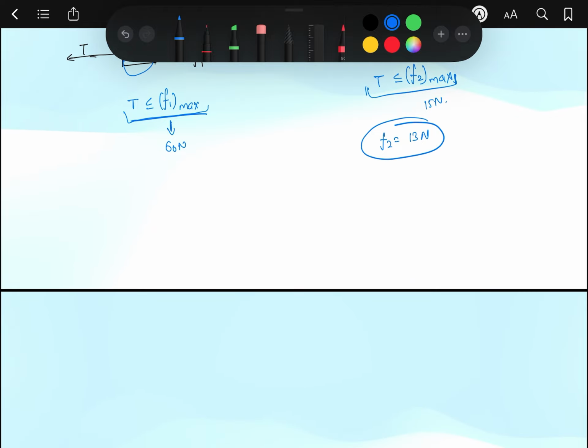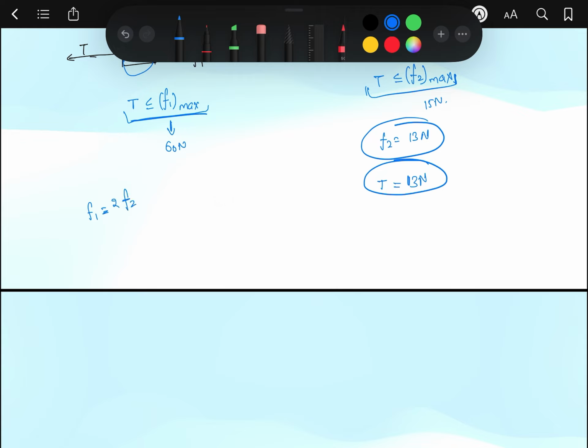Okay, if I am taking this F1 is equal to 13 Newton, that means our tension is equal to 13 Newton only. So in this case it is given in the question that F1 is equal to twice of this F2.